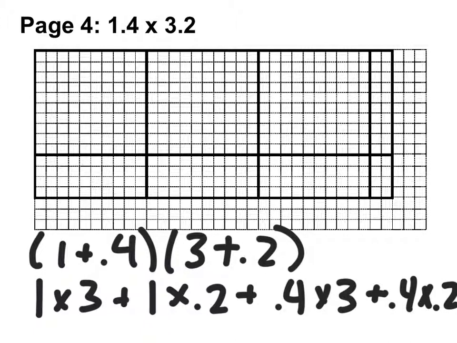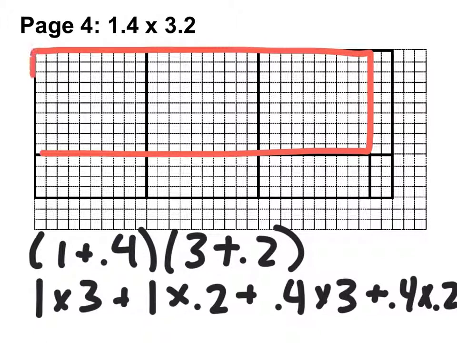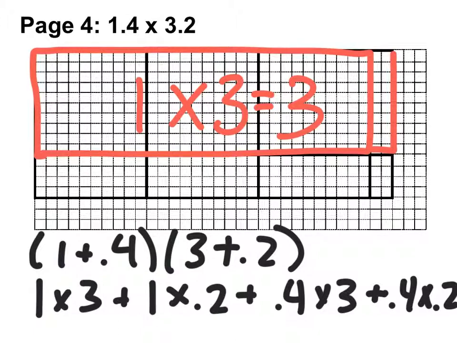And if we look back at our rectangle, all of those are there. 1 by 3, that's this particular rectangle. That rectangle is 1 by 3, so there's 1 times 3, so that's your area of 3. And then the 1 by 2 tenths, that's coming up over here. So this is 1 by 2 tenths.